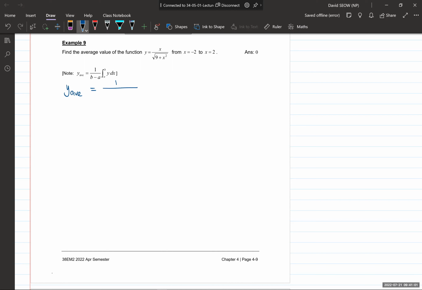So b will be 2 and a will be minus 2. Integrate between minus 2 and 2 the function of y, which I'll write straight away. So this is my y function. The formula is very easy now, just writing all these things. The challenge now is how do I integrate this?